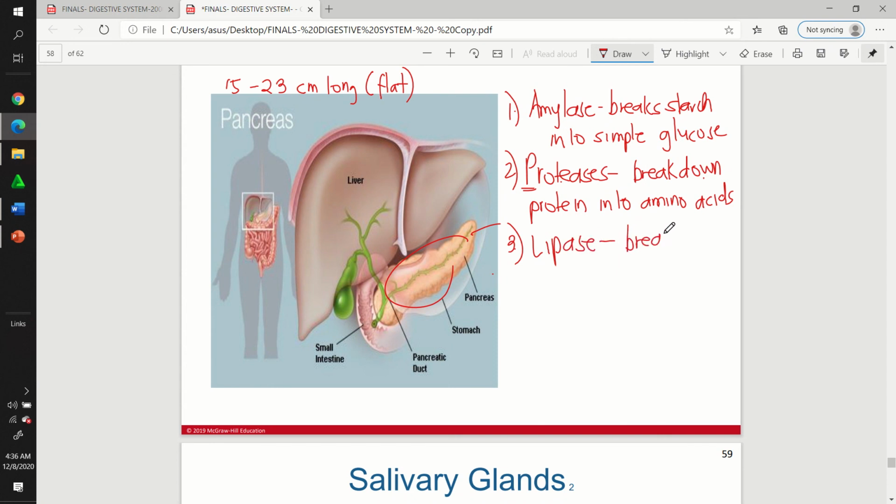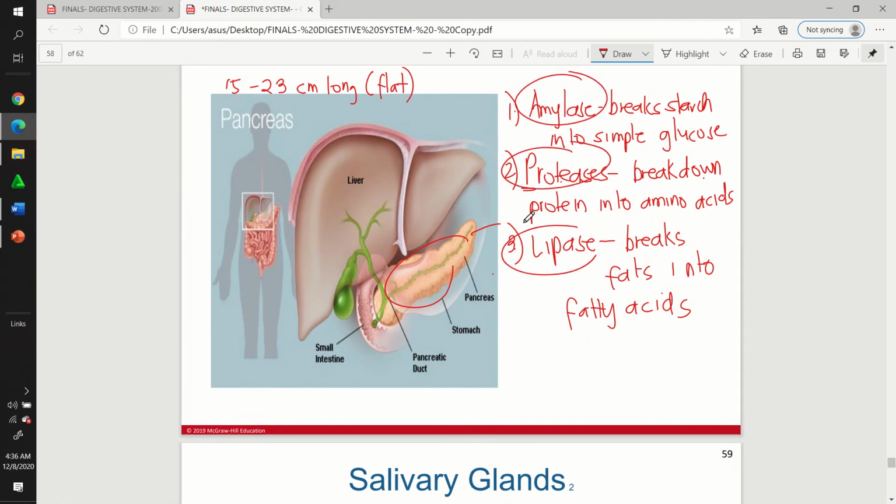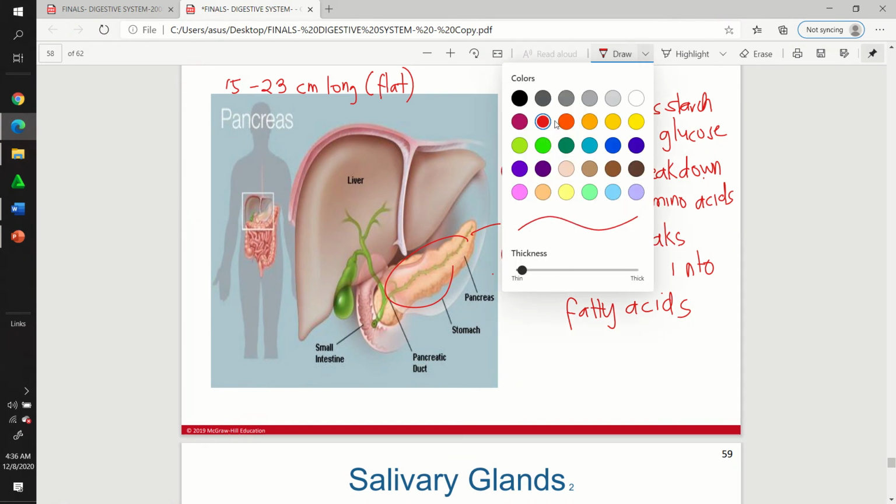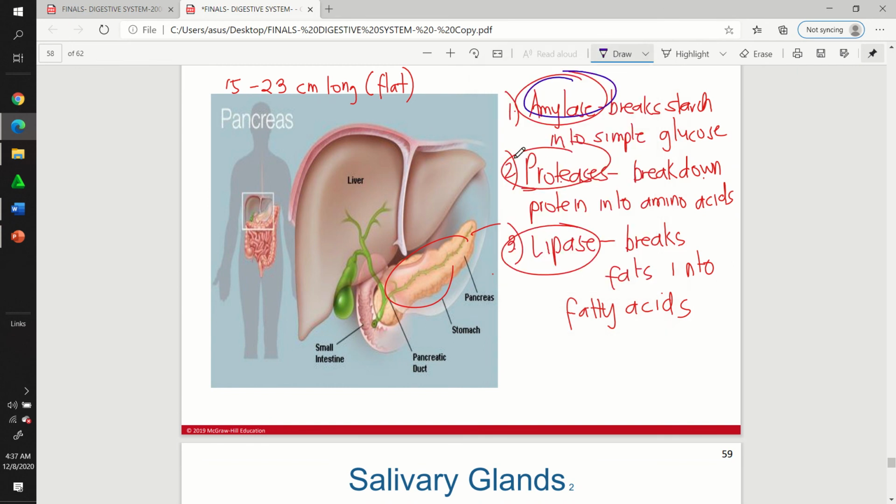Obviously, your lipase breaks down fats, or lipids, into fatty acids. So those are the three main enzymes produced by your pancreas: amylase, proteases, and your lipase.